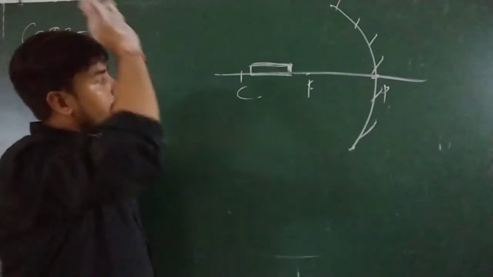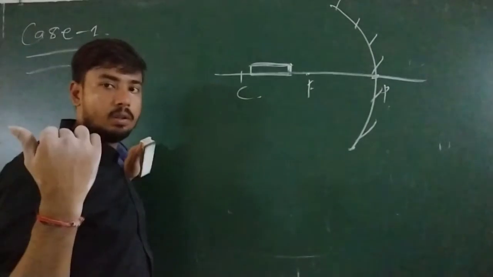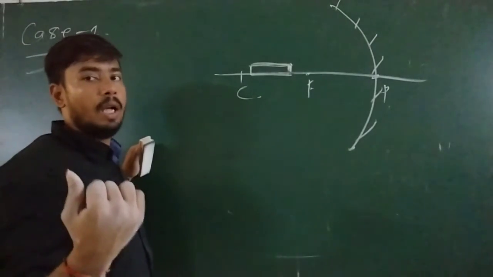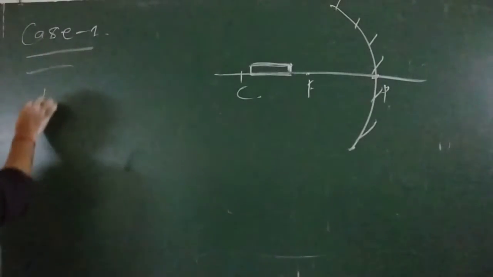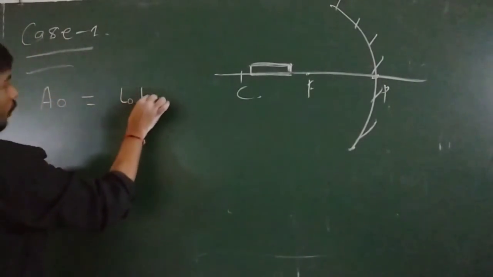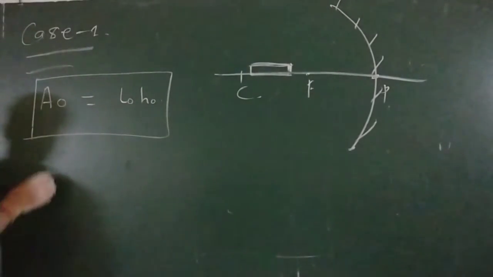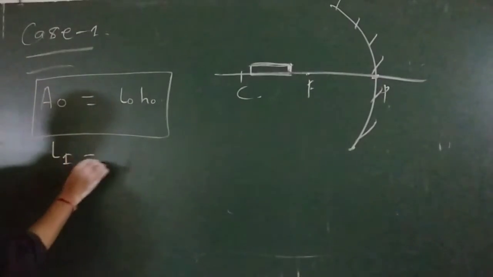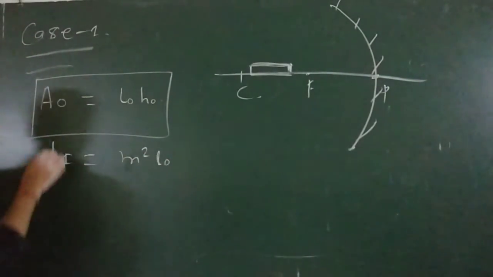We are not going to derive the formula here, already we have studied transverse and longitudinal, so we will use these two magnifications and find its formula. See, area of object, assume length of object into height of object, right? So according to the concept, what will be the length of image? Length of image is ms square into length of object.